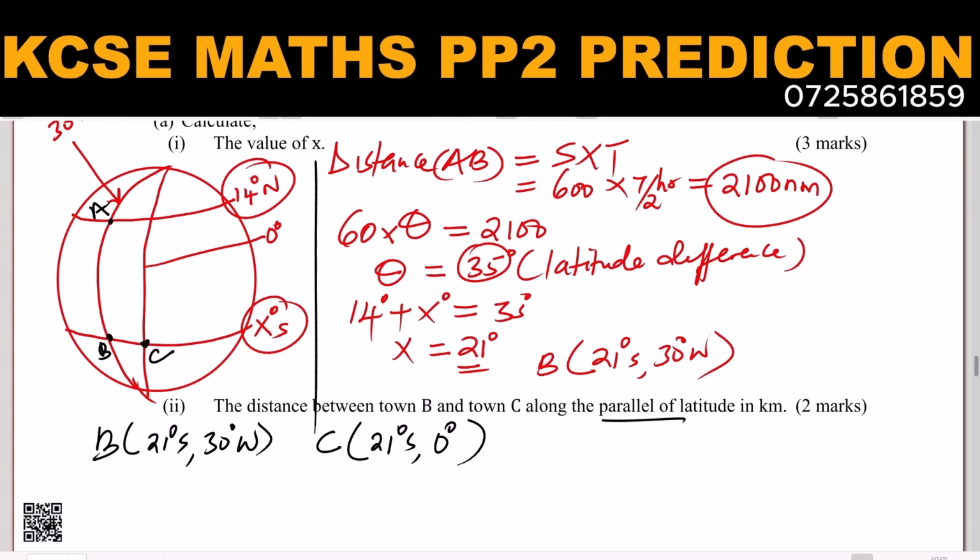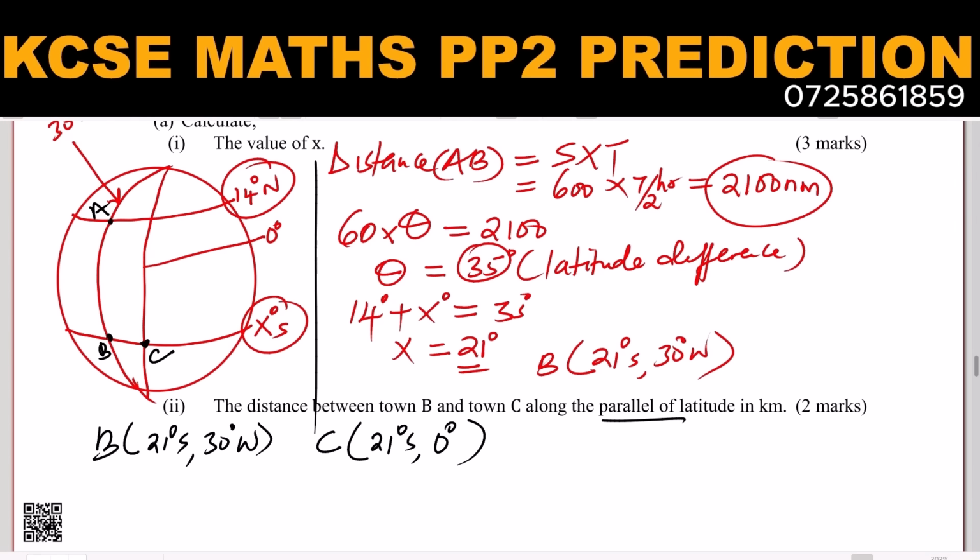And to get that distance BC, so distance BC is given by, in kilometers, theta divided by 360 times 2 pi r cos alpha, where theta is the longitude difference.